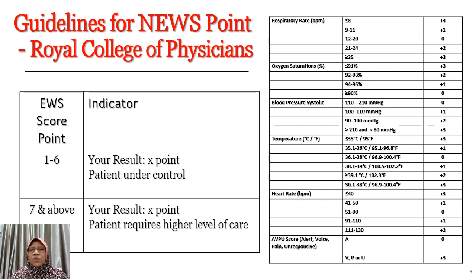And the rest goes to other vital signs parameters like the blood pressure, the temperature, and so on. For the AVPU score, A, which is alert, if the patient is alert, the score will be 0. If the patient is responding to voice, or the patient is complaining of pain, the score will be higher.